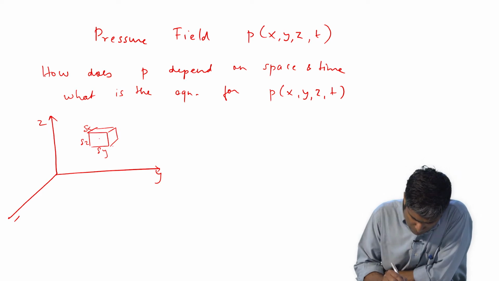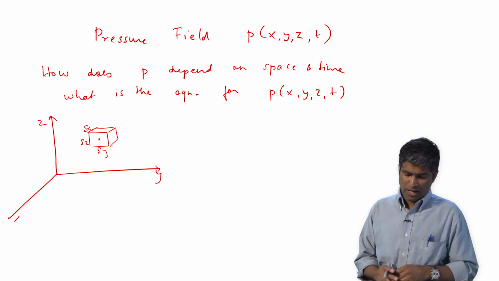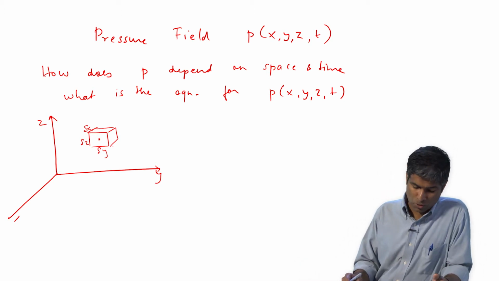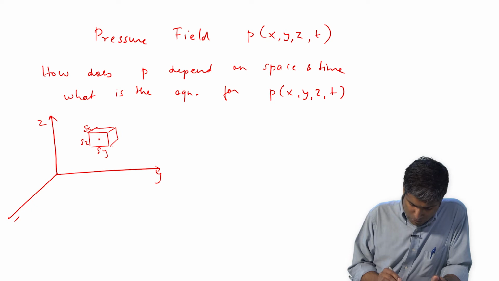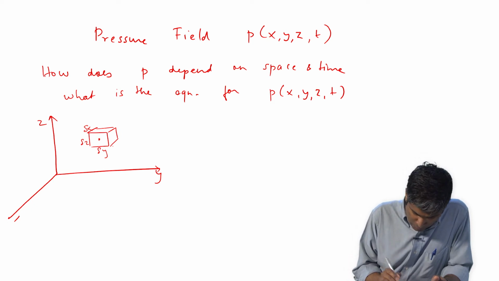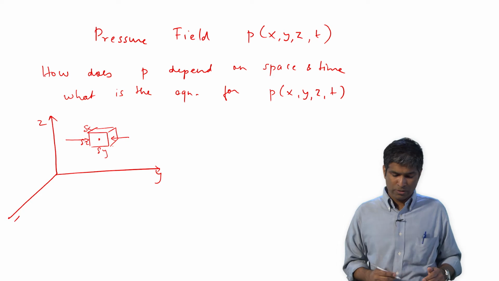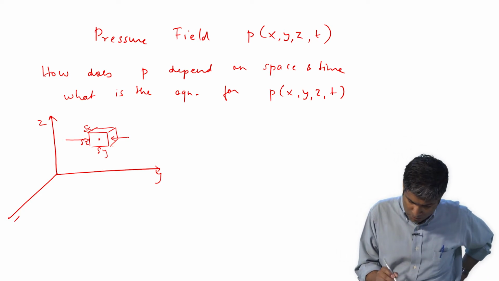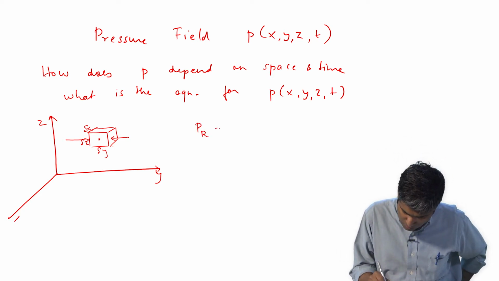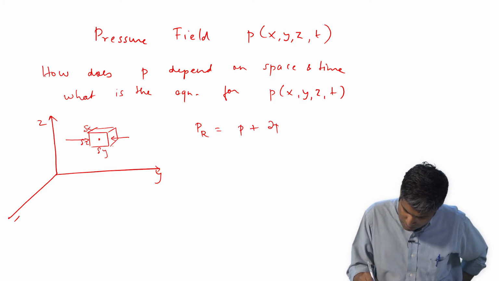And if I said that my pressure at the center is the P that I'm looking for, and in general pressure now is a function of space, then if I looked at the two pressures acting on opposite faces that have their normals to the y direction, I would say that the P on the right, PR, would be P plus del P del y times delta y by 2.